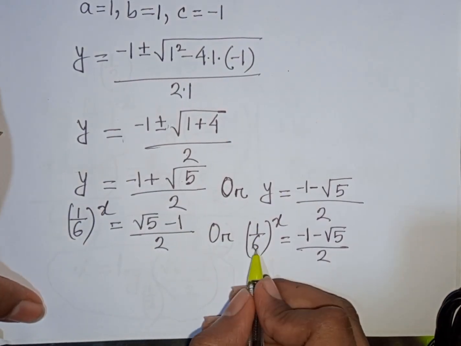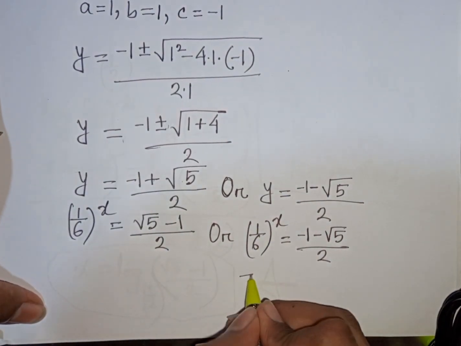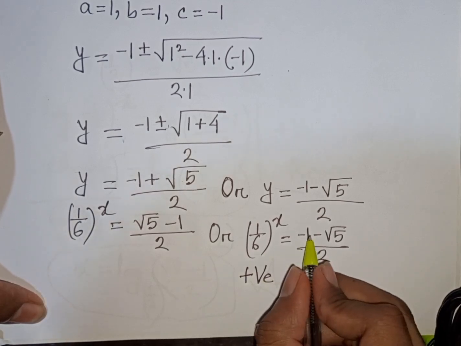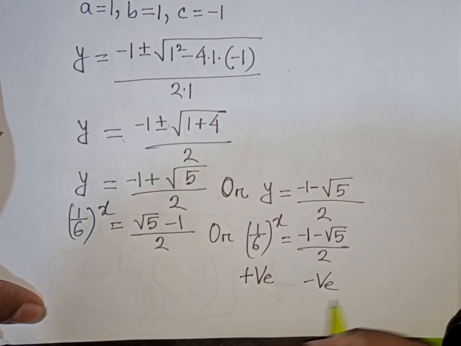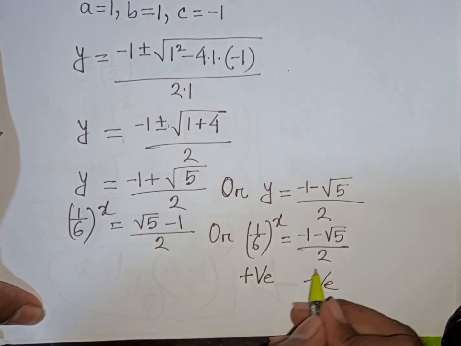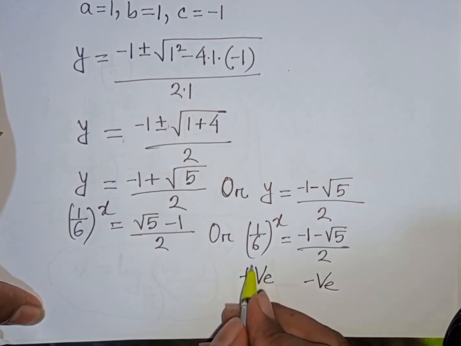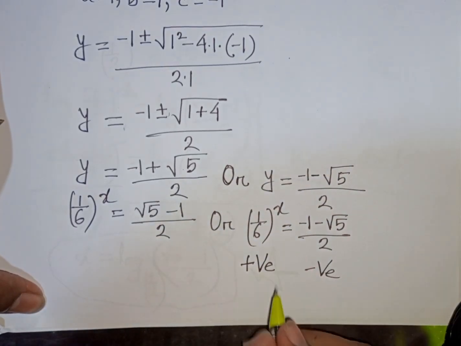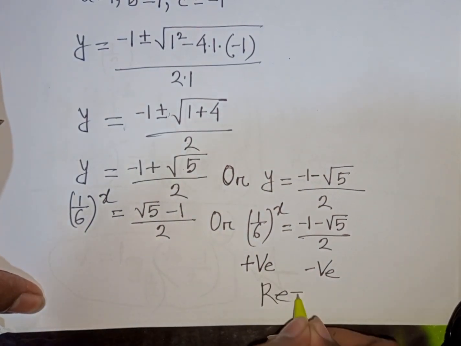Now we see 1 by 6 bracket power any number is always positive, but this is negative. Minus 1 minus square root of 5 divided by 2 must be negative. So positive cannot be equal to negative, so this is rejected.